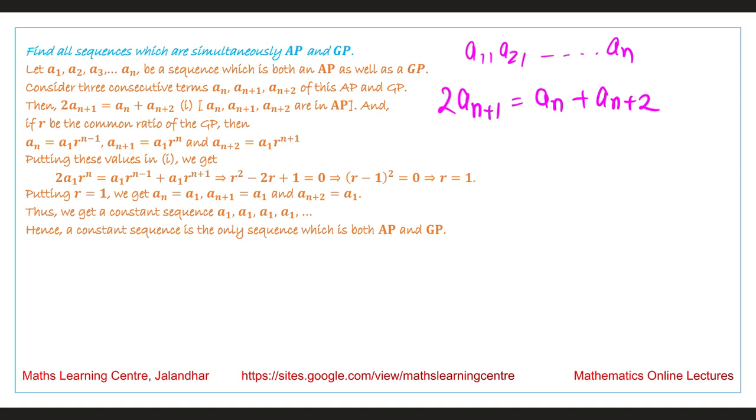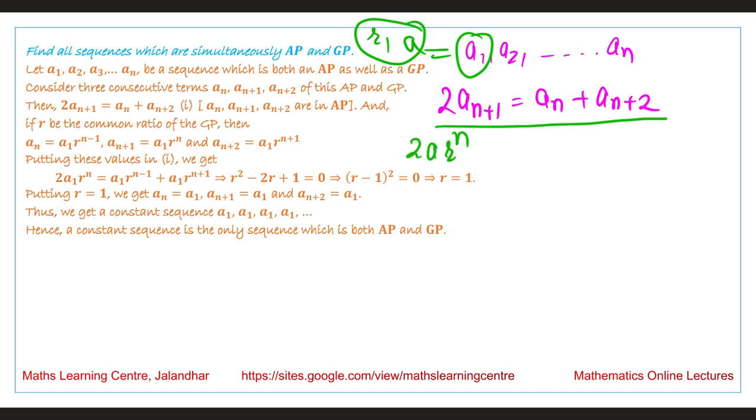And if this is also a GP, then we substitute the values. Suppose the first term is A and the common ratio of the GP is R. Then what we obtain is 2AR^n = AR^(n-1) + AR^(n+1).